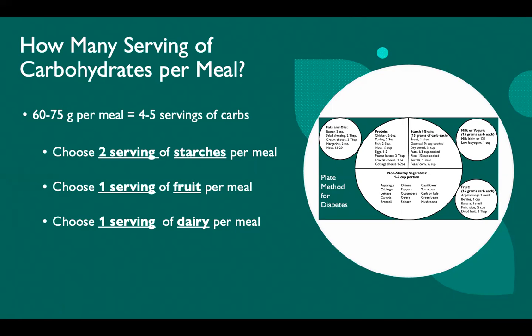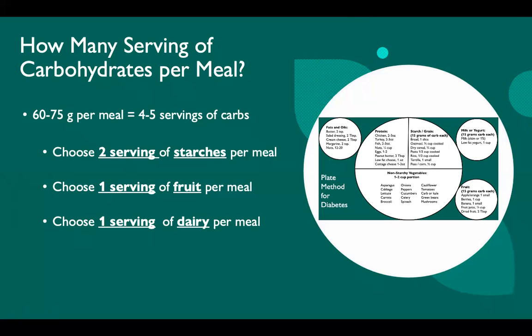So if you were to eat 60 grams of carbs per meal or 4 servings, because remember, one serving of carbs is 15 grams, you would choose 2 servings of starches. So that could look like 2 slices of bread. It could be 1/3 cup of cooked pasta and a slice of bread.